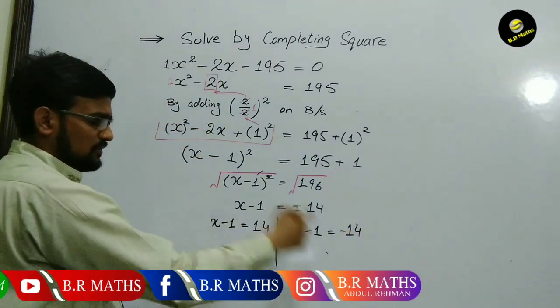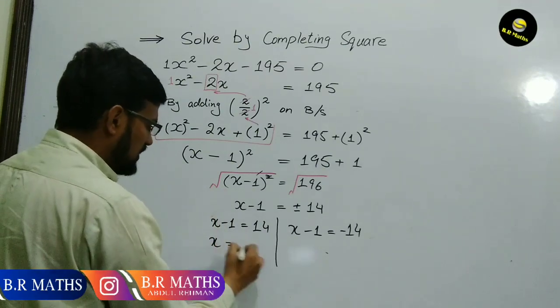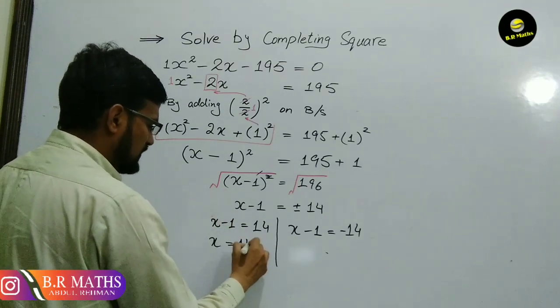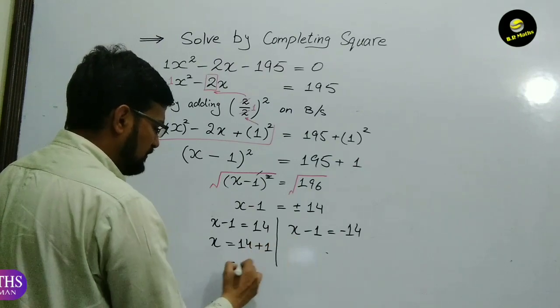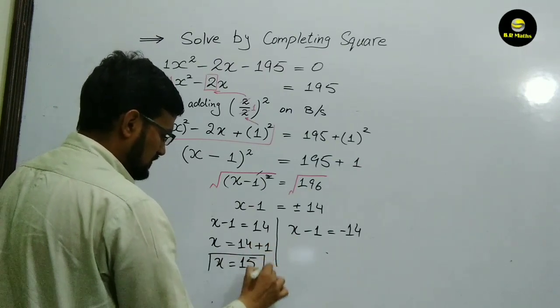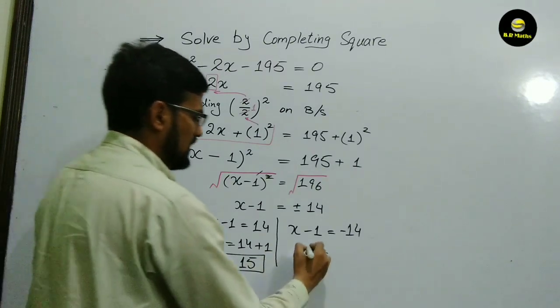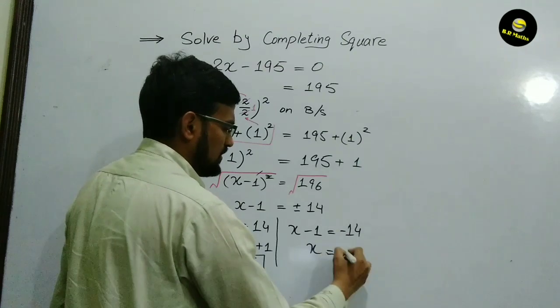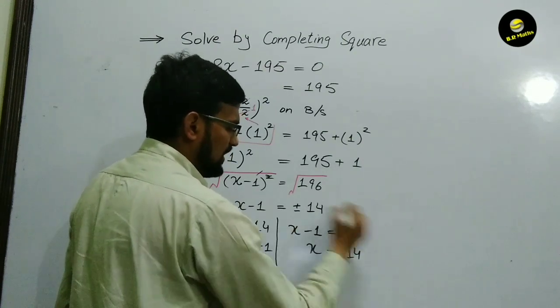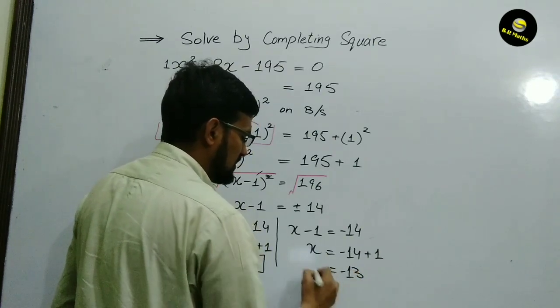Minus 1 moves from left to right and becomes plus 1, and the result is 15. The first value is x equals 15. Similarly, minus 14 and plus 1, the result is minus 13.